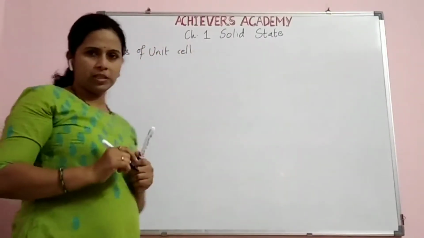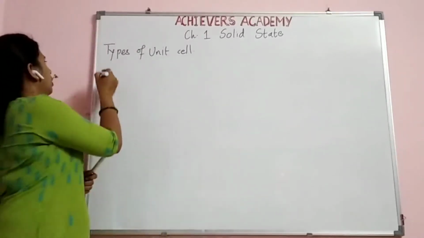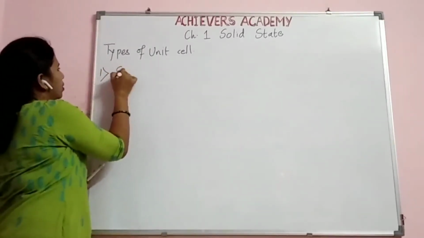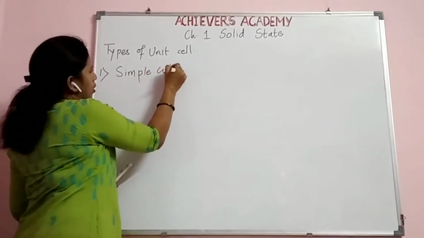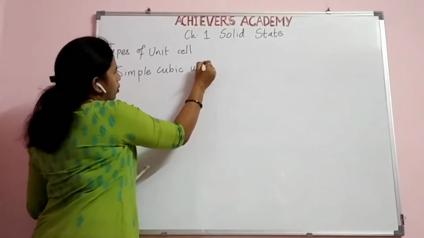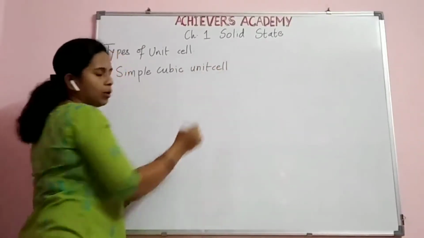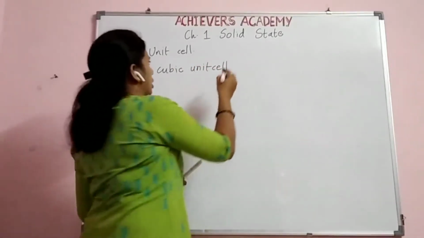So the first type of unit cell which we are going to study is the simple cubic unit cell. You can also call it a primitive unit cell.